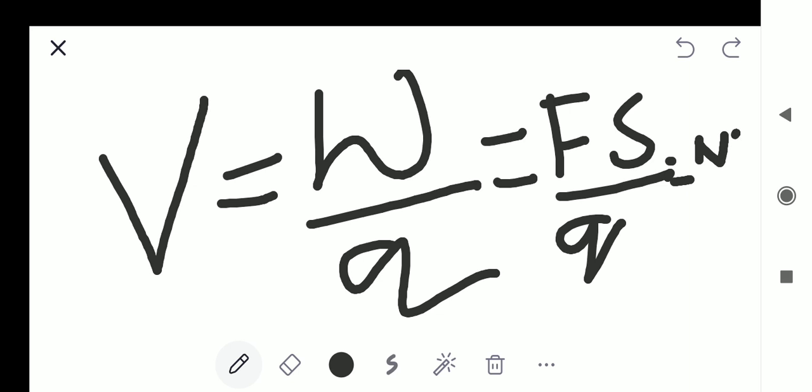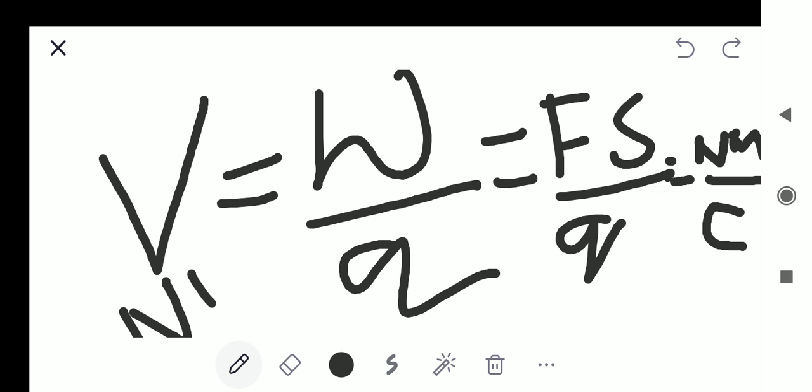Newton. The displacement is in meter, and charge is in Coulomb. Then the dimensions are Newton meter per Coulomb. These are the dimension factors of the electric potential.